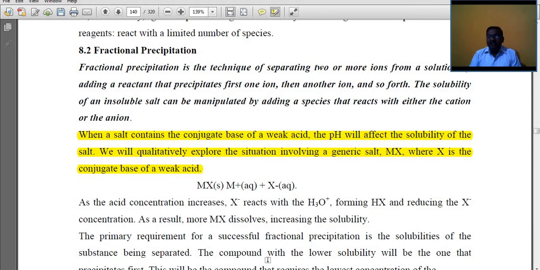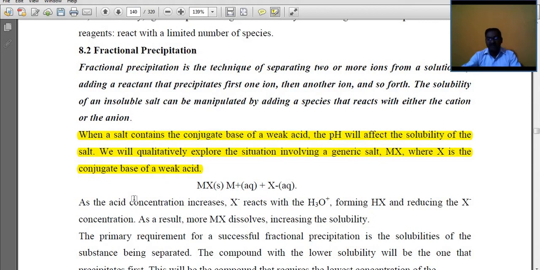We will quantitatively explore the situation involving a generic salt like MX, where X is the conjugate base of a weak acid.